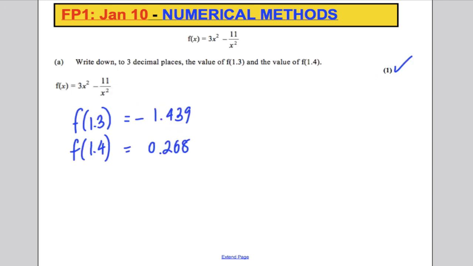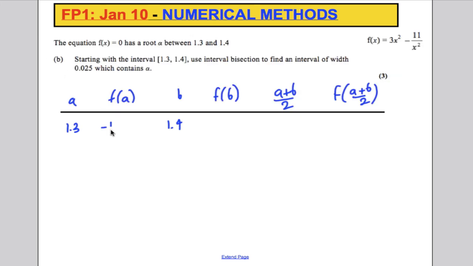Right, our A was 1.3 and our B was 1.4. We've worked out f of A is negative 1.439, and f of B is 0.268. A plus B over 2 would clearly be 1.35, and we want to work out f of 1.35, and you get yourself negative 0.568.